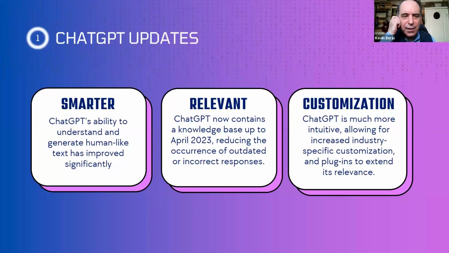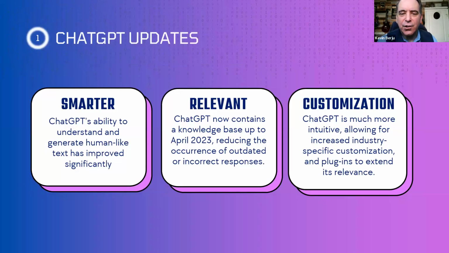Okay, so let's talk about some of the updates. Chat GPT's ability to understand and generate human-like text has improved significantly. Let's talk about relevance. Chat GPT now contains a knowledge base up to April 2023, reducing the occurrence of outdated or incorrect responses.